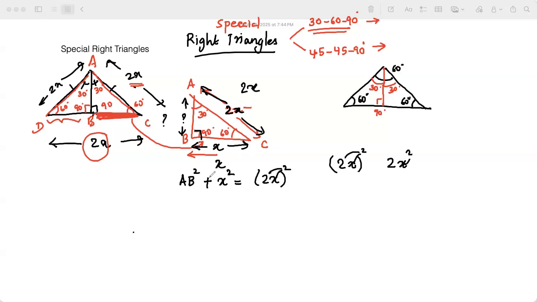So when you apply the Pythagorean theorem, AB square plus x square will be equal to 2x the whole square. 2 square is 4, x square is x square. So the right side becomes 4x squared. Now I'm asking you to just compute what is AB square or AB.